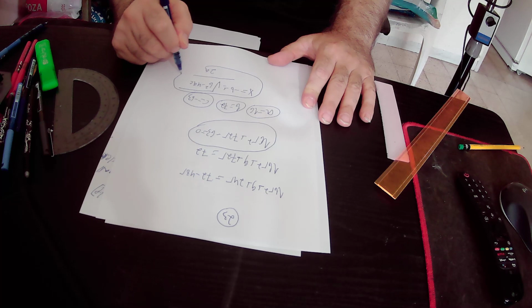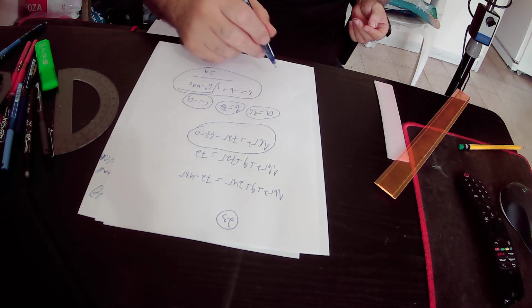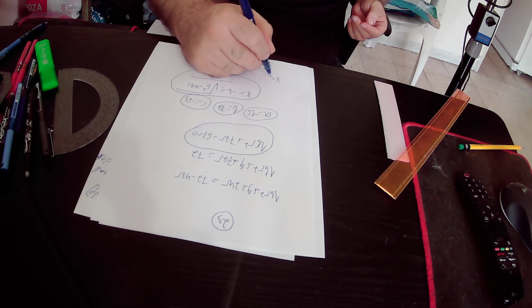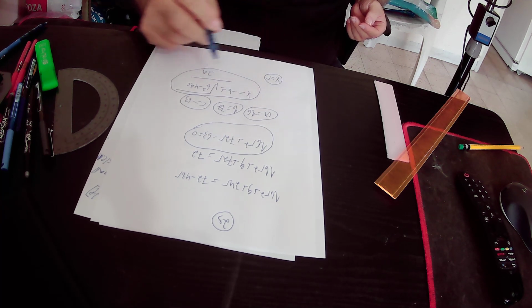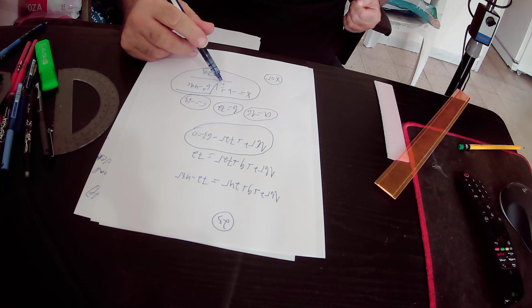In our specific quadratic equation, the variable is r, so x equals r. So we will put the data inside the general formula in order to find the value of r.